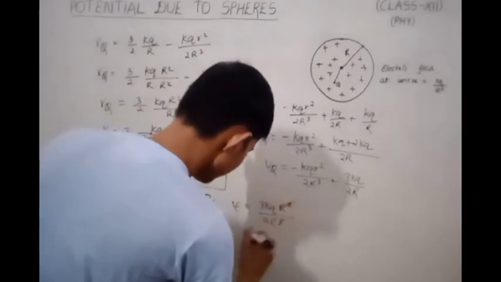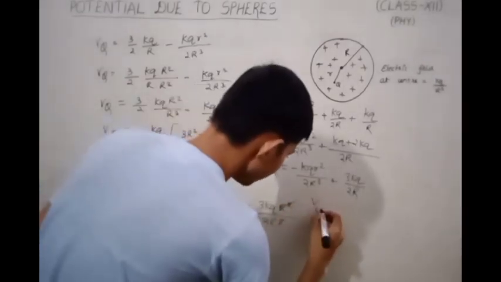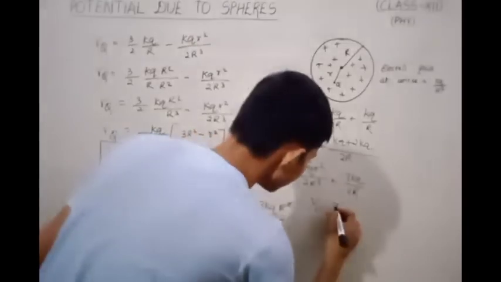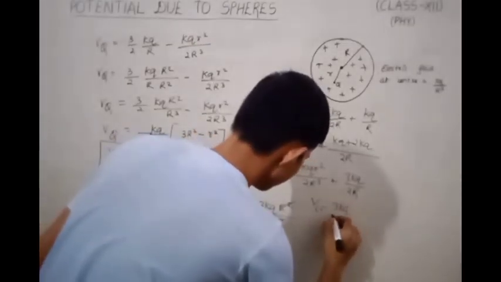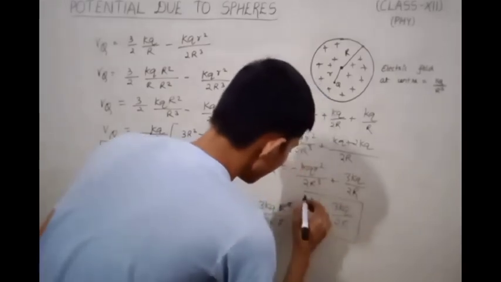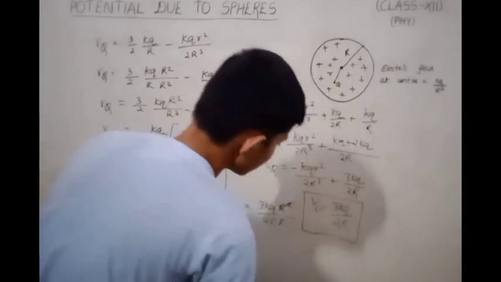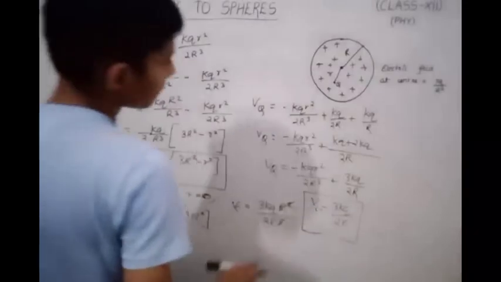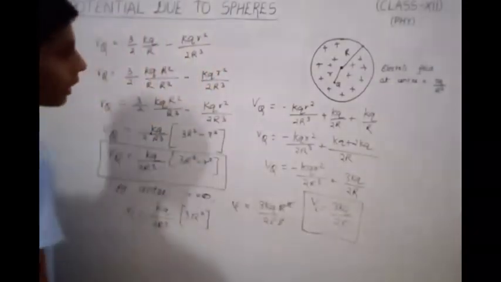R square and R square cancel. Then the potential at the center equals 3kq divided by 2R. This is the formula for finding the potential at the center of a non-conducting solid sphere.